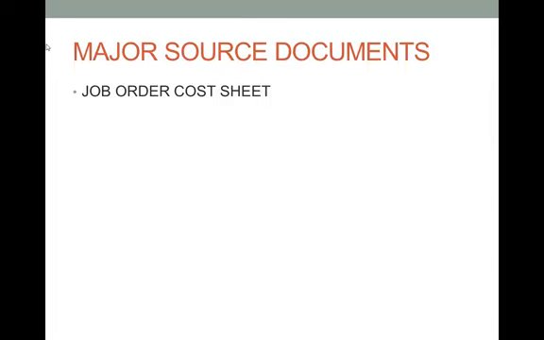The second major source document is the materials stock card. Take note, we already heard about stock cards in our inventory and merchandising discussion. There are different kinds of stock cards. This time we talk about the materials stock card.